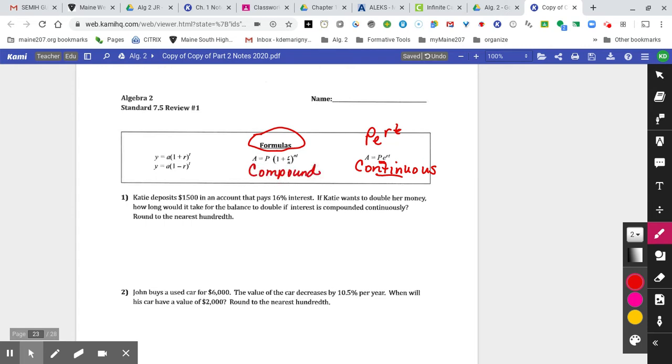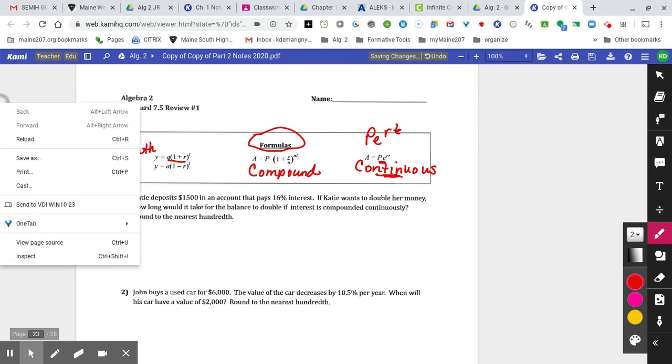So meaning that you are compounded annually, semi-annually, quarterly, daily, yearly, anything besides continuous. Continuous means every second of every minute of every hour of every day. So this is your compound interest formula. And then the other two, this one is a growth, meaning you are earning money on a daily basis.